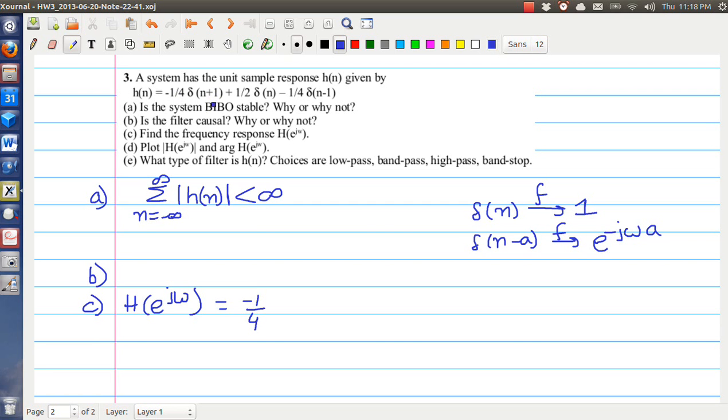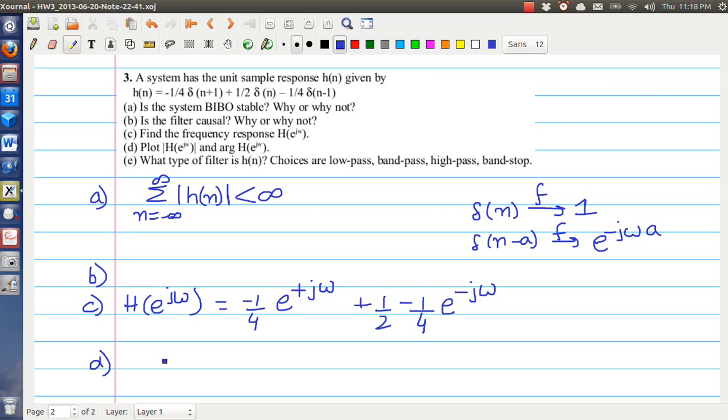Here the shift is +1, so it should be e^(-jω·1), plus half times the Fourier transform of the delta function, which is just 1, then -1/4. The shift is -1, so e^(jω). So this is the Fourier transform of this h.